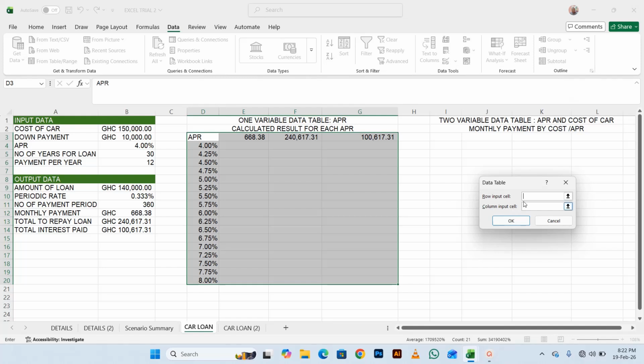And this is what we want. Now, we have the row input cell, and then we have the column input cell. Now, what we are looking for is on the basis of the columns. The variable that we are selecting, we have listed them on the column.